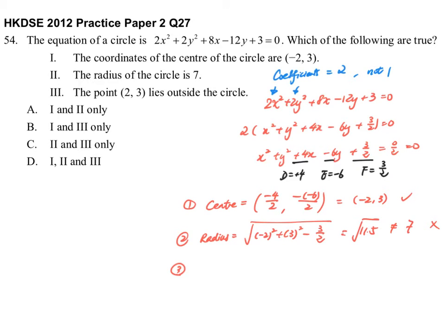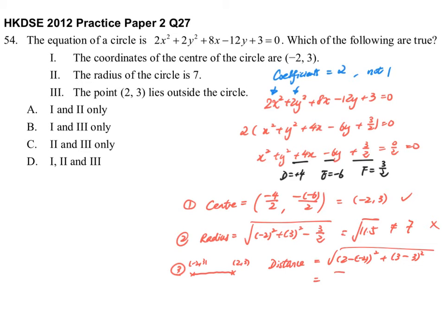Statement 3. To determine whether 2, 3 lies outside the circle or not, we compare the distance of 2 points, 2, 3, and the center, negative 2, 3, with the radius. The distance of 2 points is square root of 2 minus negative 2 squared plus 3 minus 3 squared.